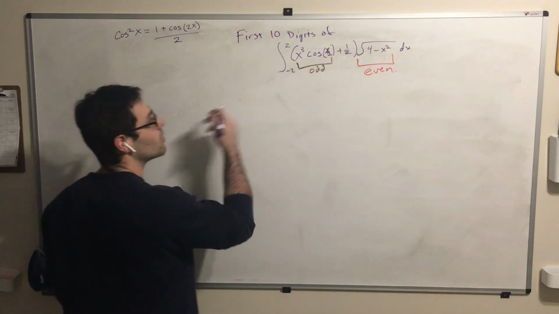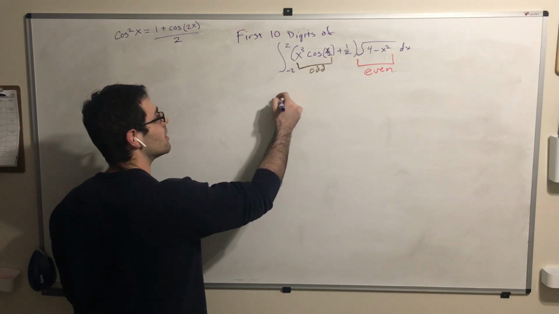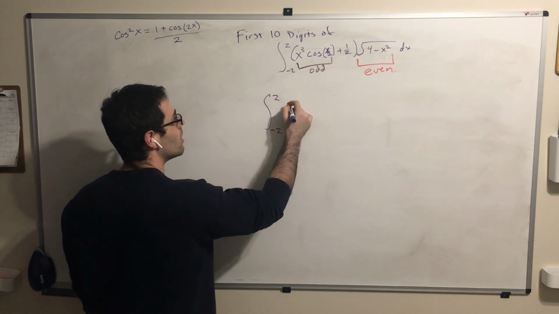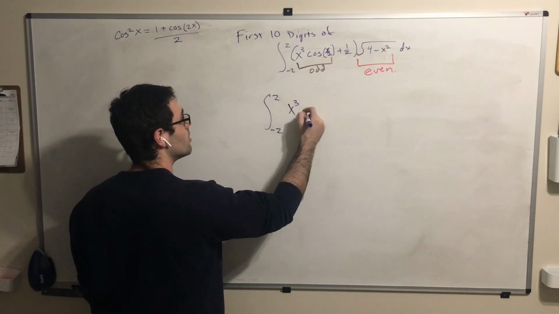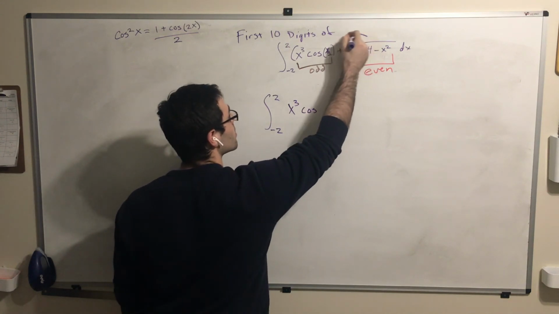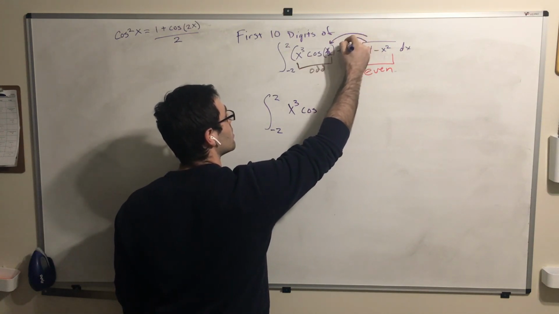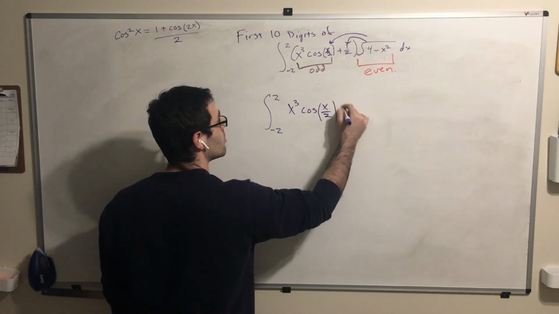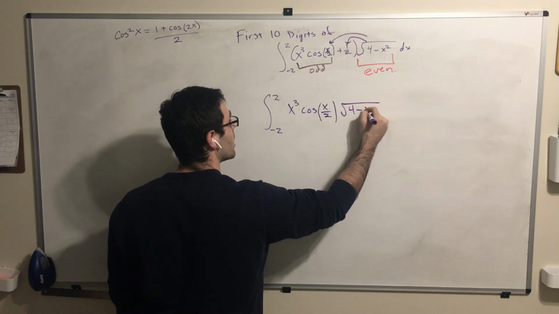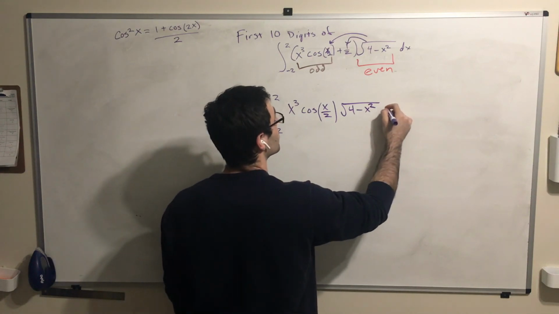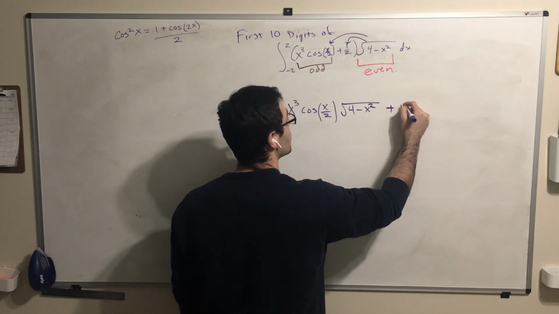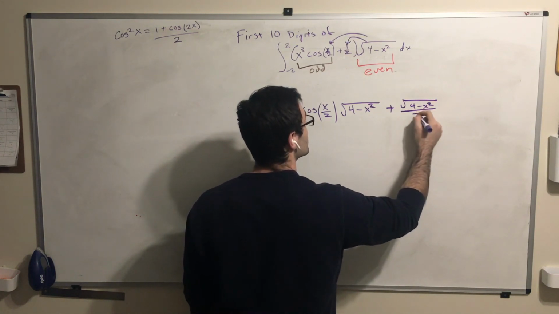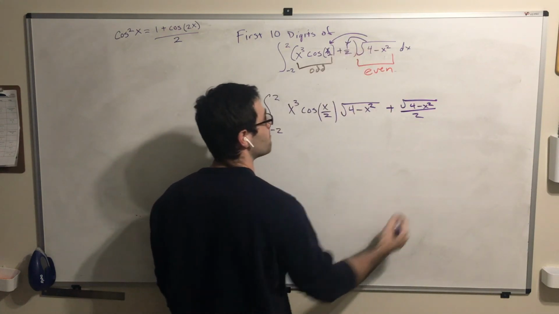Okay, so what we have here is an integral from negative 2 to 2 of x cubed cosine x over 2 times root 4 minus x squared, plus root 4 minus x squared over 2. This times that.